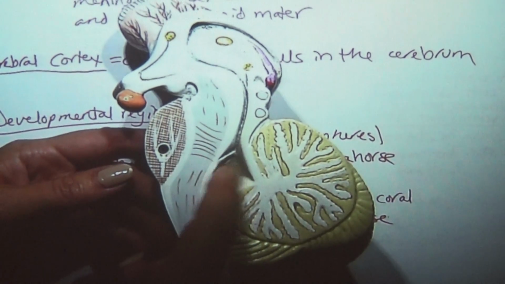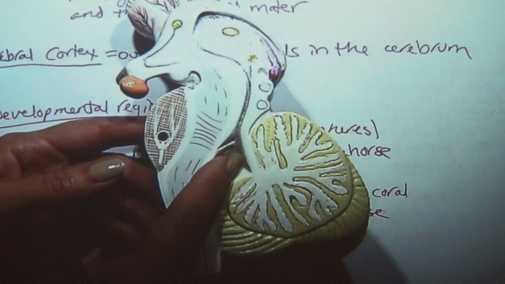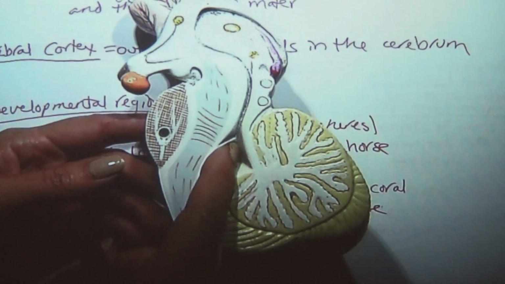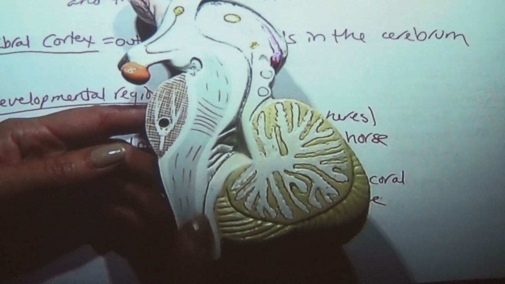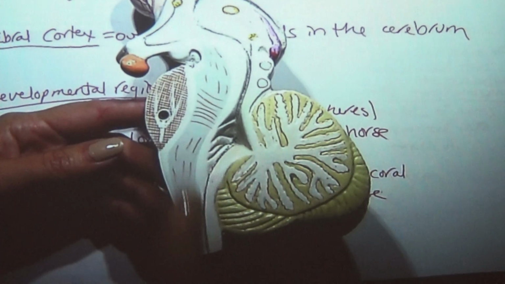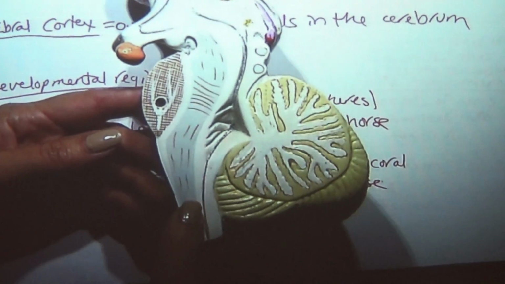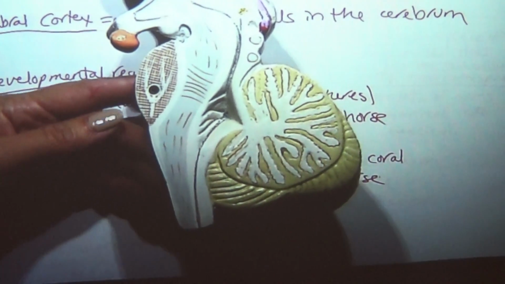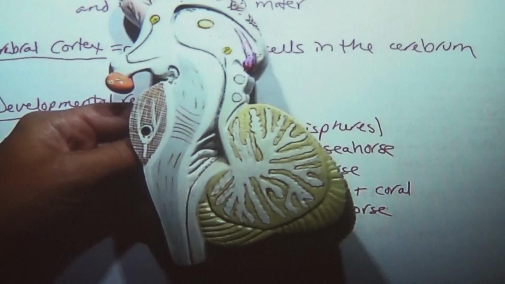And the space between is the fourth ventricle. And then for the myelencephalon, that's the tail, so everything below the belly. And the only thing we have in there is the medulla oblongata. And this is going to go out through your foramen magnum and become your spinal cord. So it's continuous with your spinal cord.